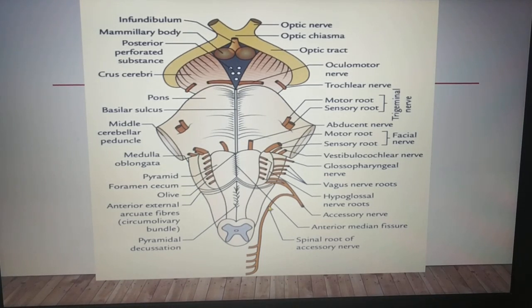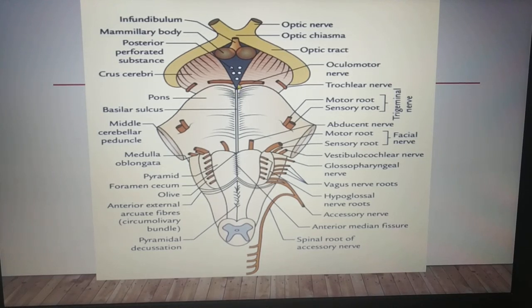A common thing for all the cranial nerves is that everything arises from the ventral aspect of the brainstem except the trochlear nerve, which arises from the dorsal aspect of the midbrain. When we see the oculomotor nerve, it emerges at the level of the medial sulcus. The medial sulcus is nothing but the medial aspect of the crus cerebri.